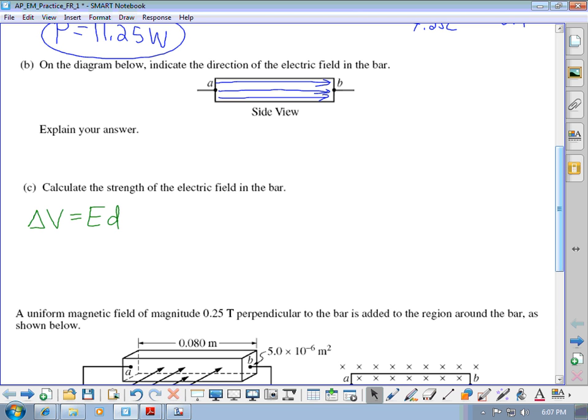Where that comes from is that the absolute value of the change in voltage is the integral of E dot dr. The electric field was constant, so it just becomes E times d. Looking at this, we know that the voltage is 9 volts.